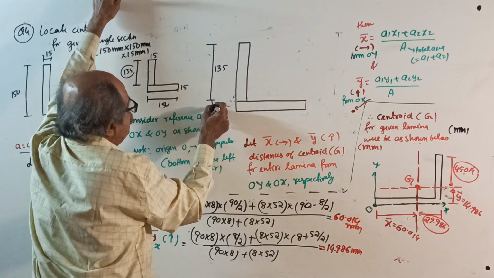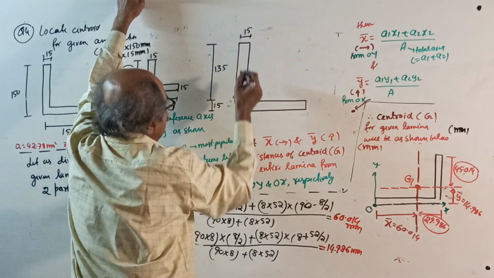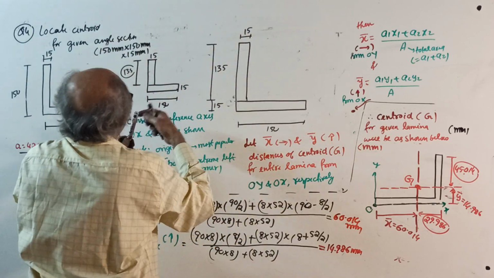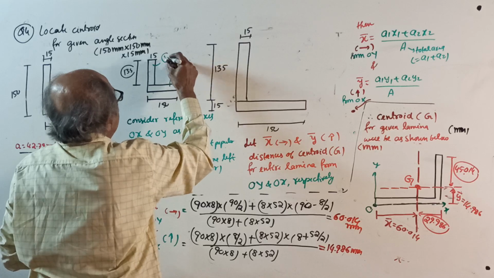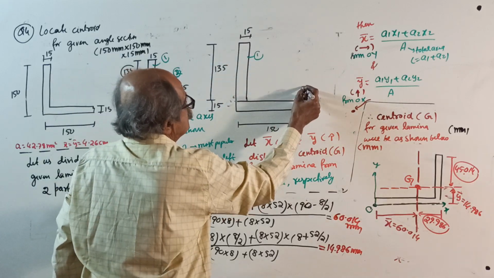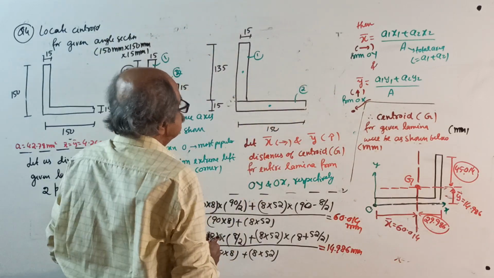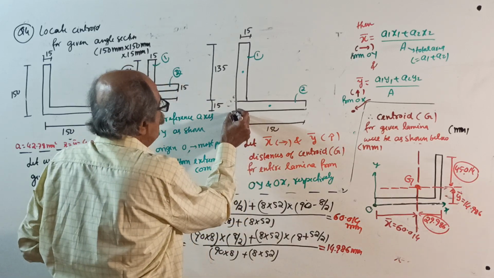This is 15. This also is 15. This is 150. I will take any one. This is part 1. This is part 2. Okay. Part 1 and part 2. Now, centroid is here. Centroid is here. Start. Let origin, we will take again this origin, O.